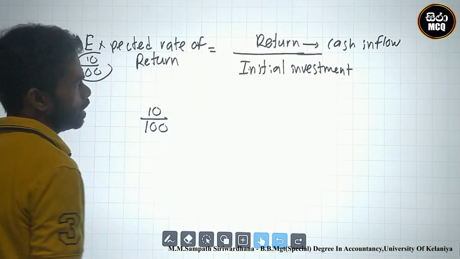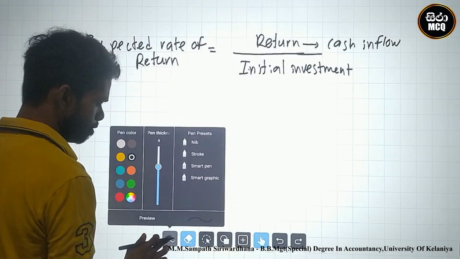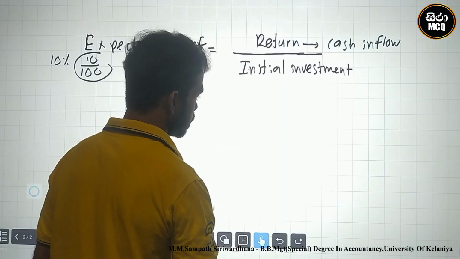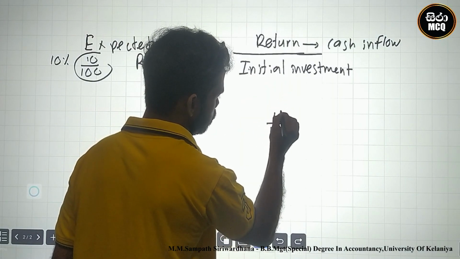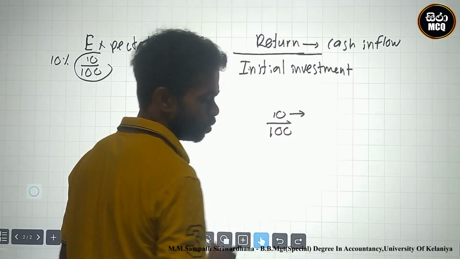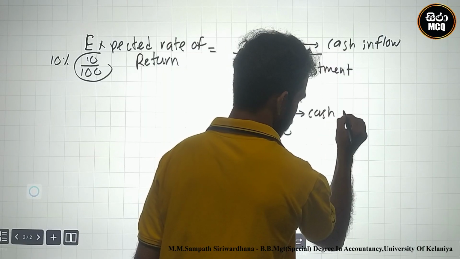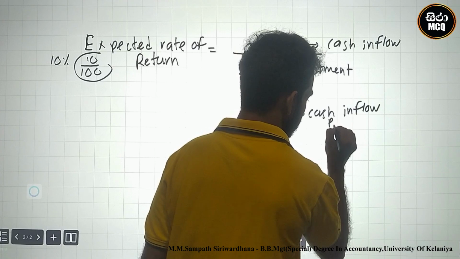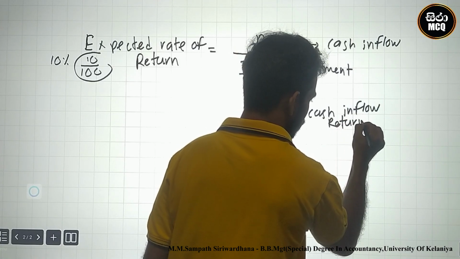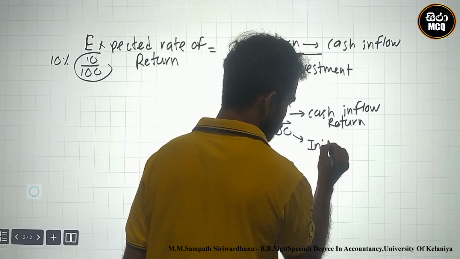Look here, this is the explanation: 100 is the initial investment, and 10 is the cash inflow, the return.